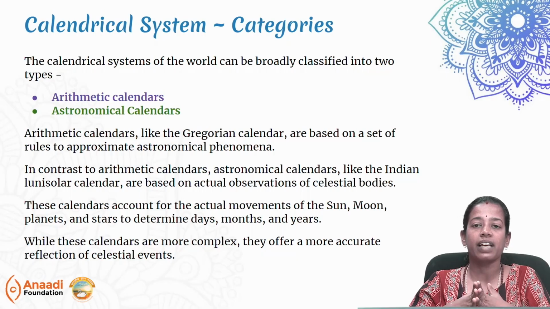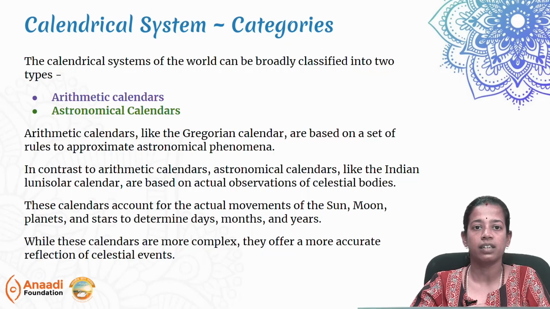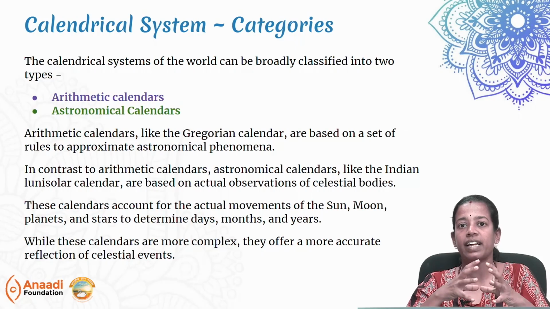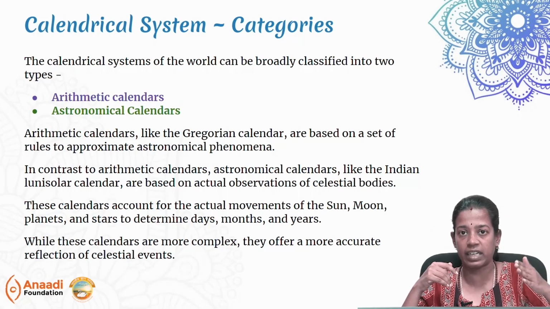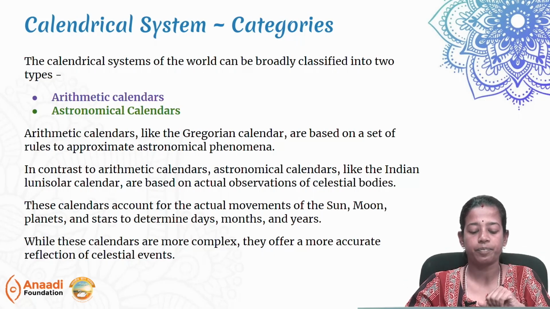Whereas astronomical calendars, in contrast, for example the Indian lunisolar calendar, are very tightly coupled with the actual observations of the celestial bodies. If there is going to be a change there, that will definitely be reflected in the lunisolar calendar of that particular year.